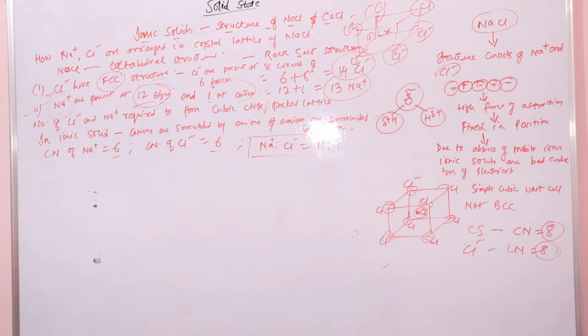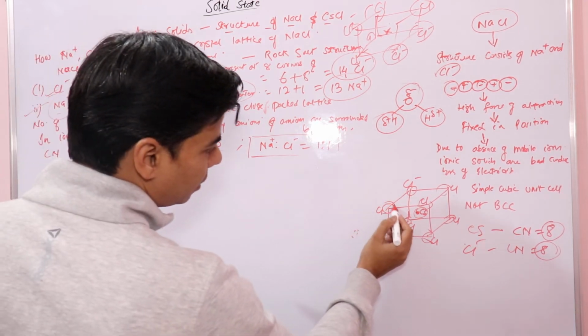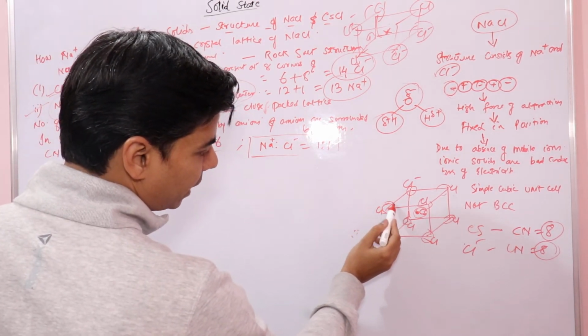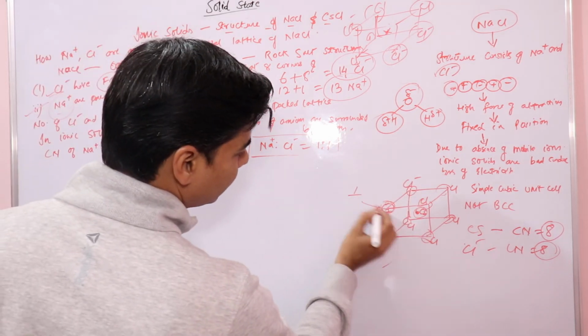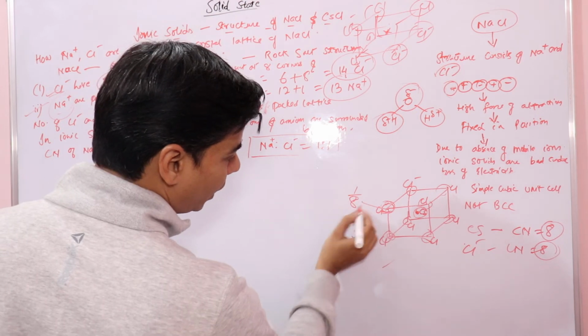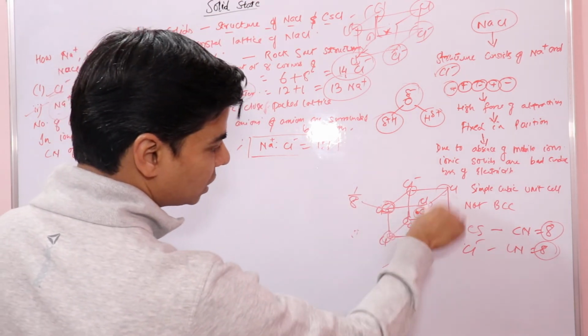The contribution of chloride ions, as we said in the previous video lecture, is that the chloride ions occupy the 8 corners of the cube, and only 1/8 of any chloride ion belongs to this unit cell, since it is shared by 8 unit cells.